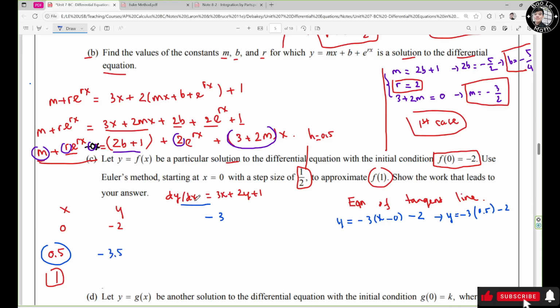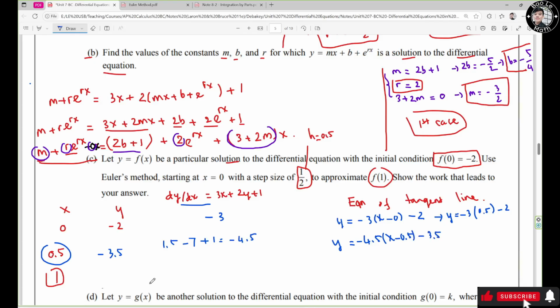Alright, now dy over ds equals 3 times s, it could be 1.5, right? 2y, which means -7, right? Plus 1. It's going to be -4.5, right? Now y equals -4.5 times s minus 0.5, right? Minus 3.5, right?